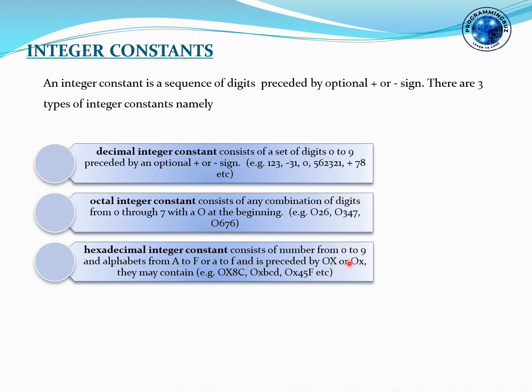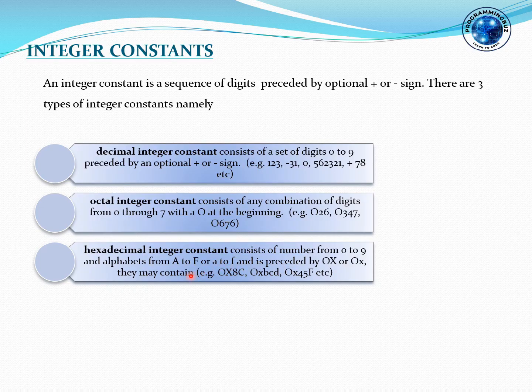Any number having digits 0 to 9 and the alphabets from A to F and which is preceded by 0x is considered a hexadecimal integer constant. For example, 0x8c is a hexadecimal integer constant. 0xbcd or 0x45f or 0x123 will be considered hexadecimal integer constants. So this is about the integer constants.